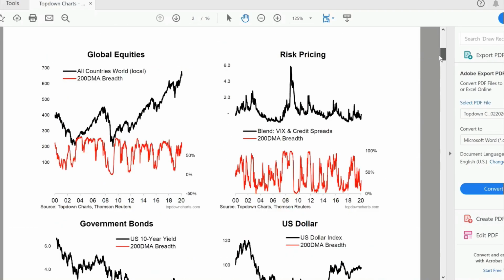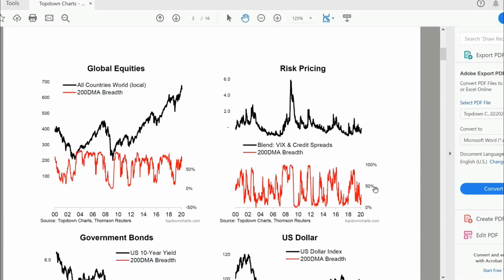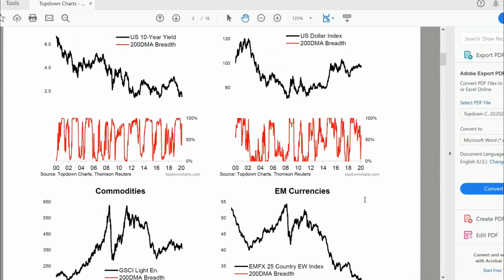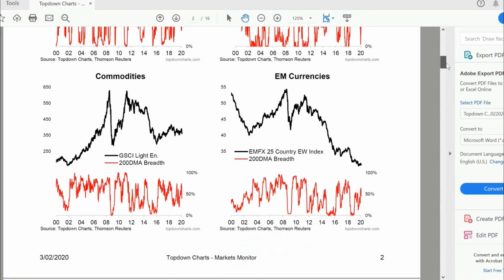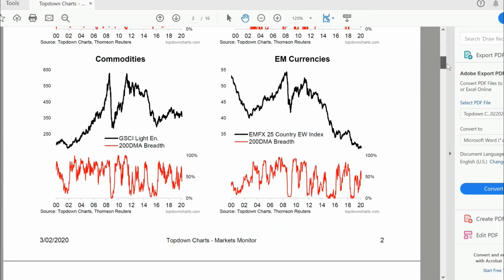I'll show you here. The first page is the global market breadth monitor, and these show 200-day moving average breadth across equities, government bonds, US dollar, commodities and emerging market currencies.